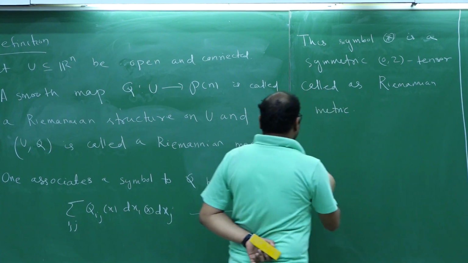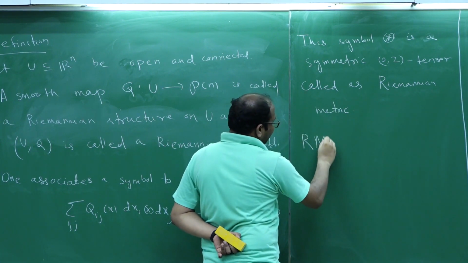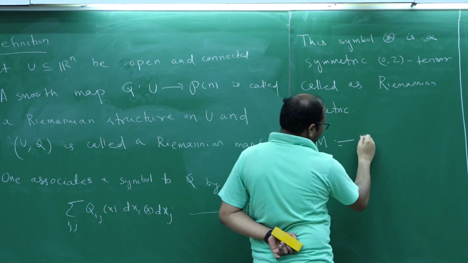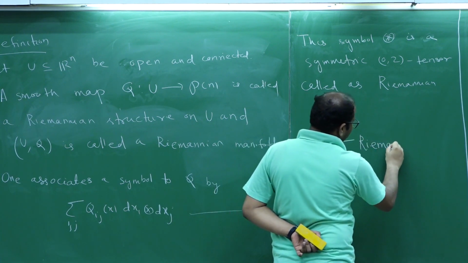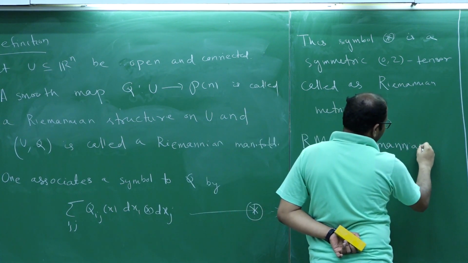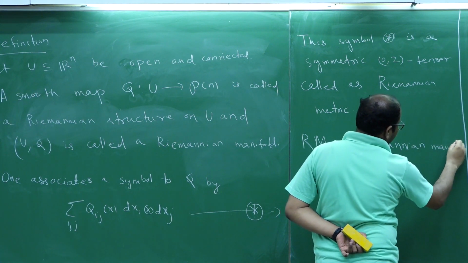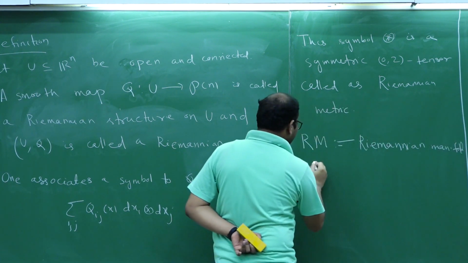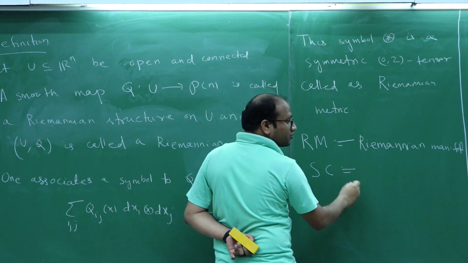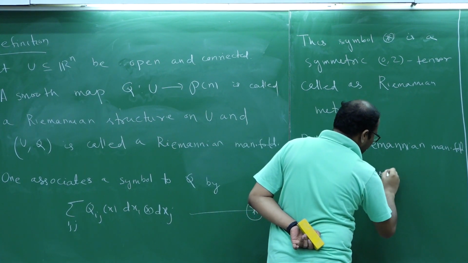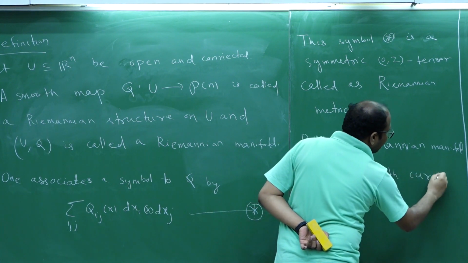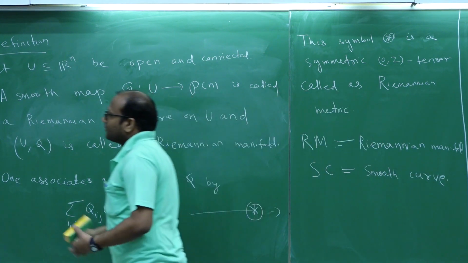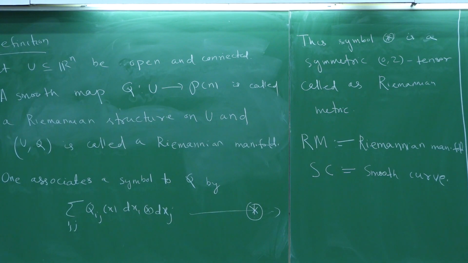Now I will use the acronym RM for this Riemann element, and I will use the acronym SC for smooth curve. Now we will define something, and after that we will see examples.